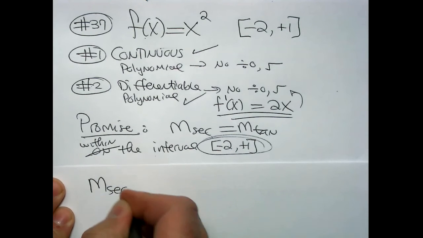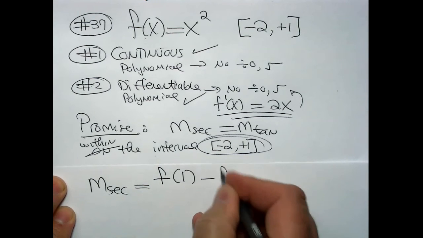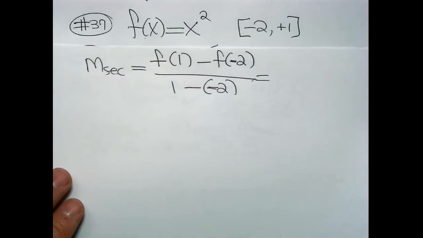We better find the secant slope then, huh? And we don't need calculus for that. It's the f of 1 minus the f of -2, over 1 minus -2. That's rise, change in y, run, change in x. Well, we see what the function is. It's x squared.